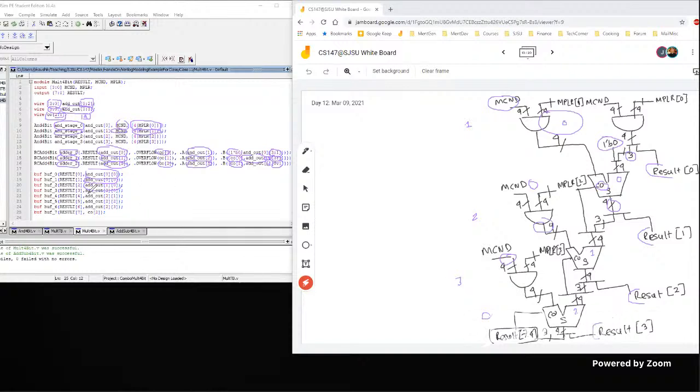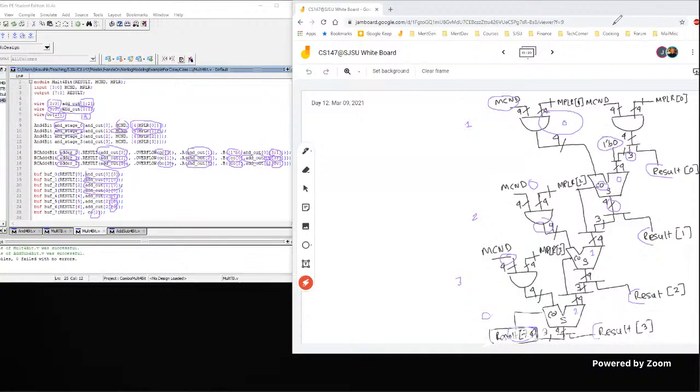This one is the LSB of the third stage of the add. And then bits 4, 5, 6, 7 are respectively the adder second stage output bit 1, bit 2, bit 3, and carry out. So it is purely by this logical connection we have implemented this 4-bit unsigned multiplier.